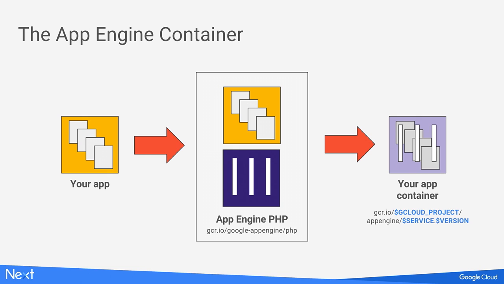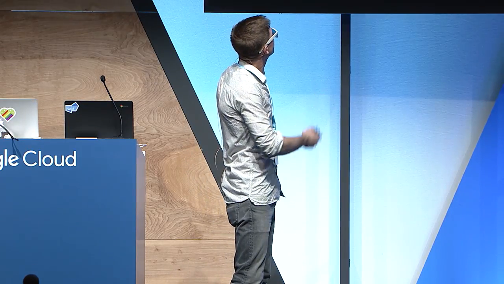It's just like Docker Hub, a repository for images. Every time you deploy an App Engine app, it gets put into this URL that represents your project ID, the version, and service that you just built. That's really cool, too, because you can take that image and deploy it to Compute Engine or to Amazon or run it locally or to Container Engine, which is what we're going to talk about later.